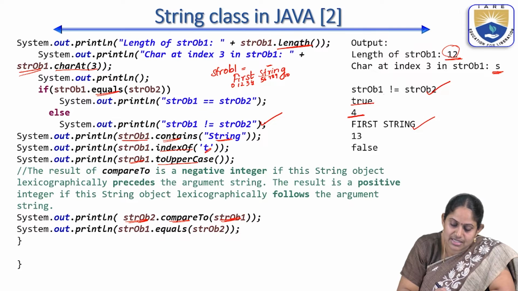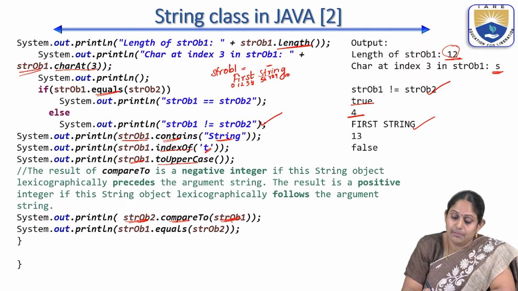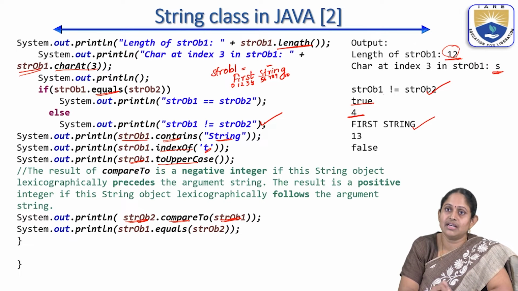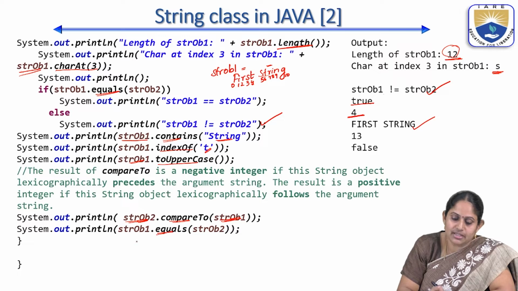If this string is present before the argument, then it will return a negative value. And the equals operator is used to check whether these two strings are equal. Since they are not equal, we get false.